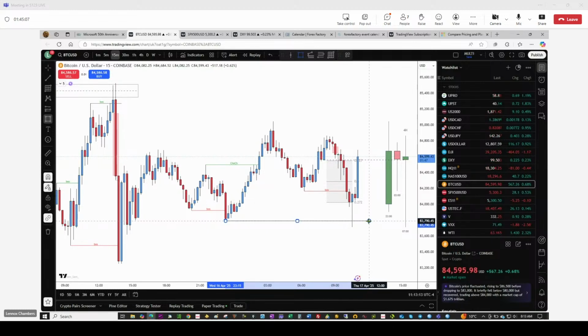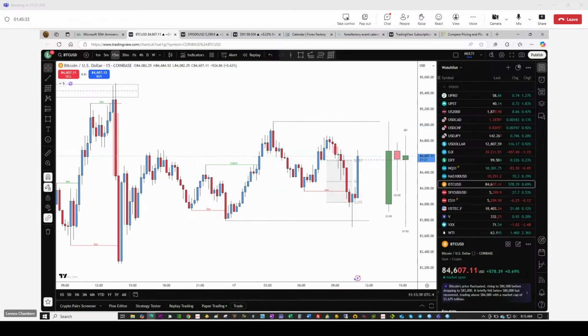Yes, but look how I was in the play. I was in the play at the top in the middle there. Yes, and I think I came out somewhere after it started retracing because I went to bed and I left it on and went to bed and I realized it was retracing on me. So I said, let me take the profit.